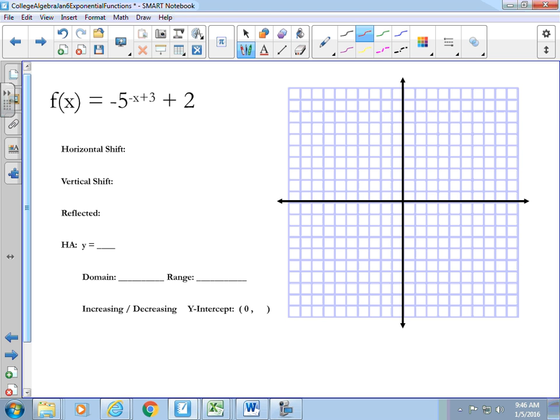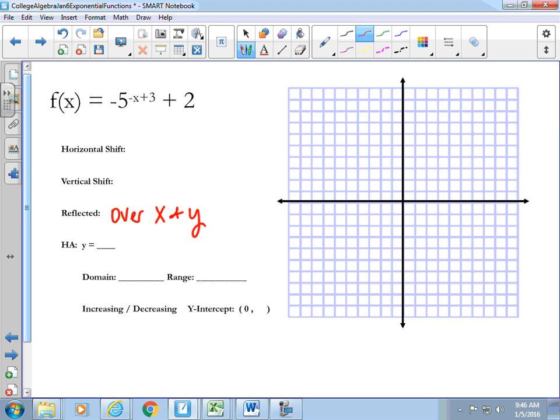You may remember from transformations this being a particularly tough problem because it has a negative and a +3. Does anyone remember how to deal with that? You do, the negatives reflect. So there is a reflection on this one, actually both x and y, because I have a negative at both places.